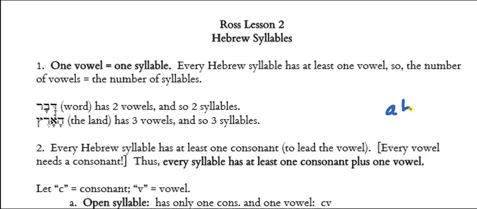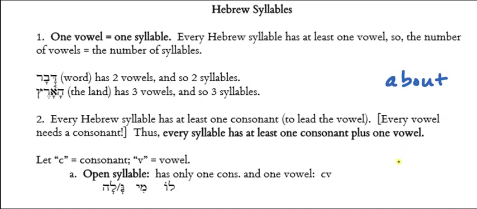For example, in the word about, this letter A is able to form its own syllable in English. Not so in Hebrew. Every syllable not only must have a vowel, but it must have a consonant in front of that vowel or a consonant leading that vowel. Okay? So every vowel needs a consonant. Every syllable then has at least one consonant plus one vowel.